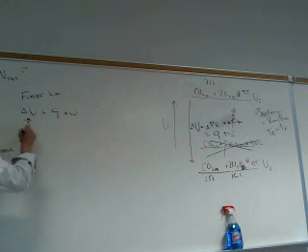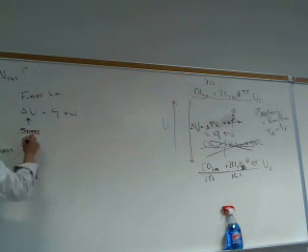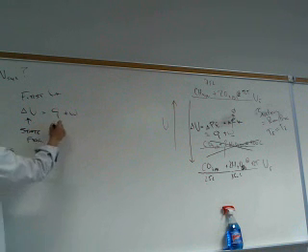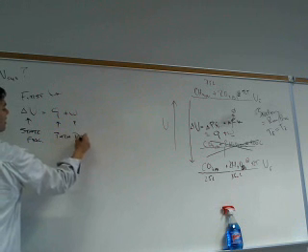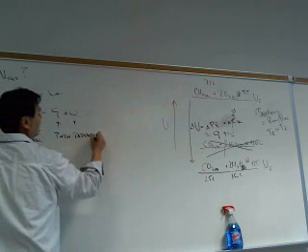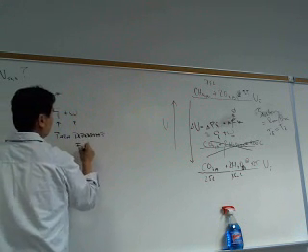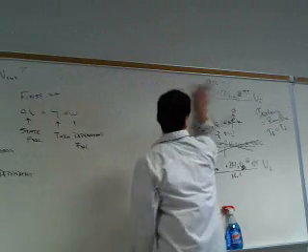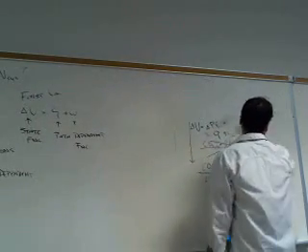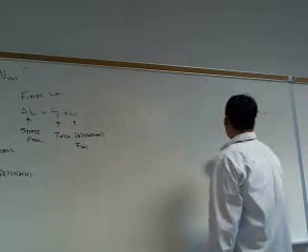Delta U is what we call a state function. Q and W are path-dependent functions. We could use the mountain analogy that's used in the book for this.